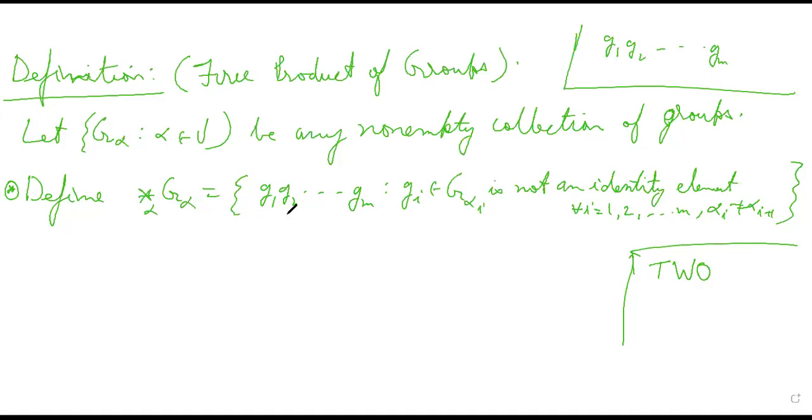Here, of course, these letters g_i are not identity elements of these G_alpha, so we avoid taking g_i to be identity.